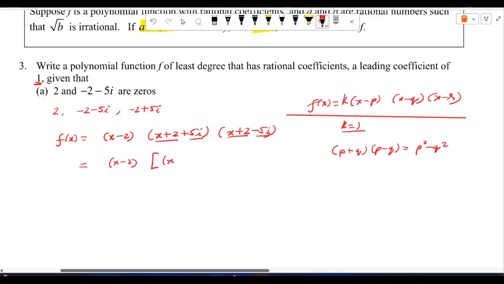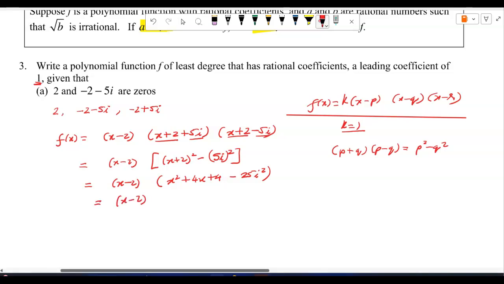So this would be (x plus 2) squared minus (5i) squared. So x squared plus 4x plus 4 minus 25 i squared.